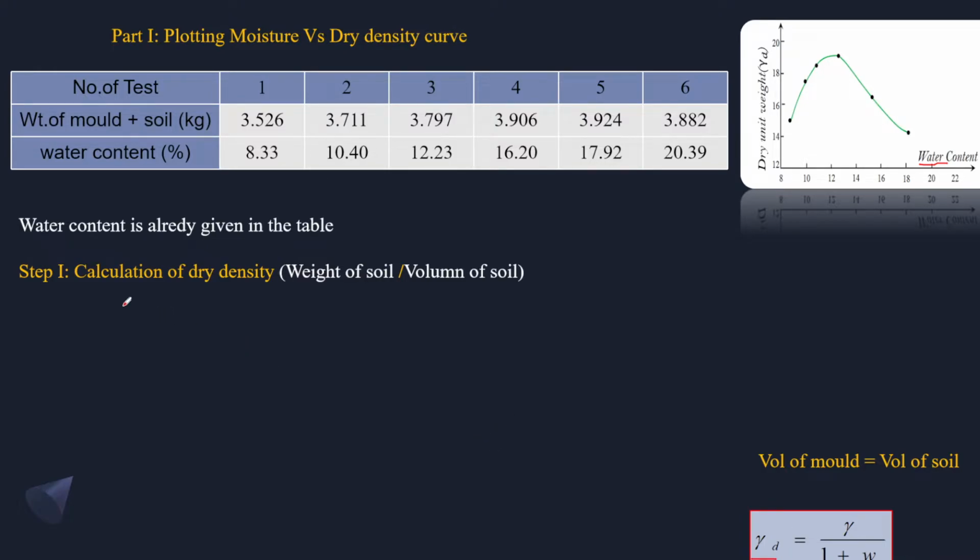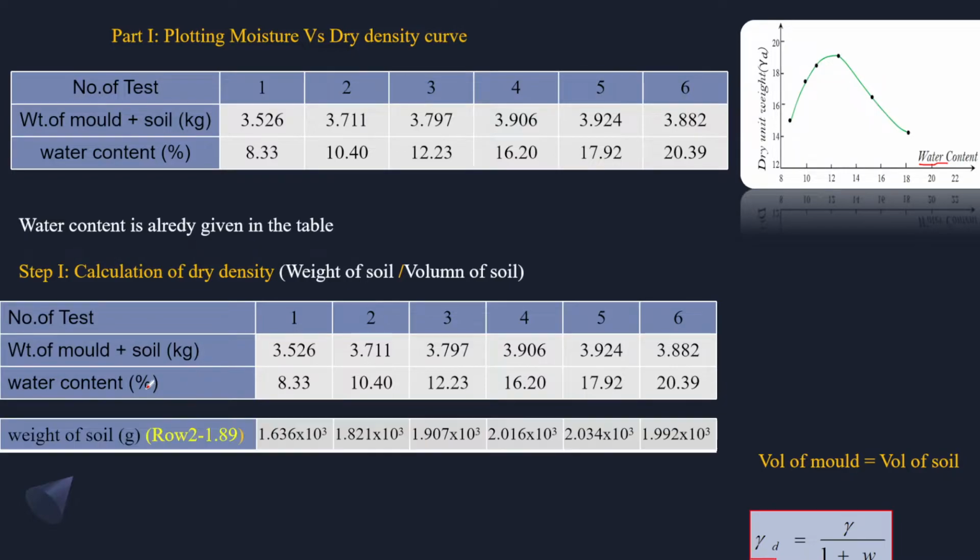First, let's start with determining the weight of the soil, which we determine in grams. It is given in kg, but kg will give us dry density values like 0.00 something. We don't want that, so we'll determine the dry density in gram per cc to get better values to plot on our curve.